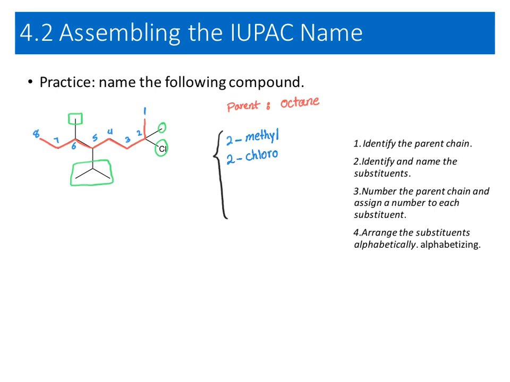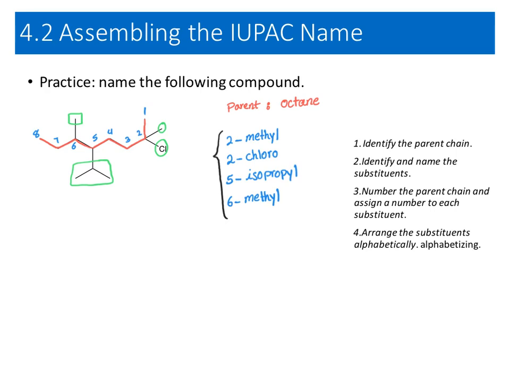Then on carbon 5, I have isopropyl attached. So this is 5-isopropyl. And then on carbon 6, I have 6-methyl. All right.